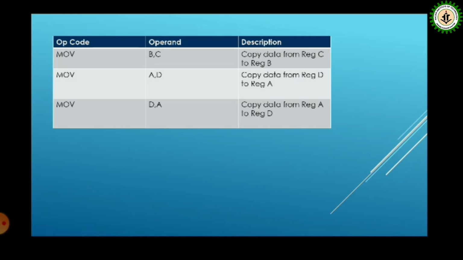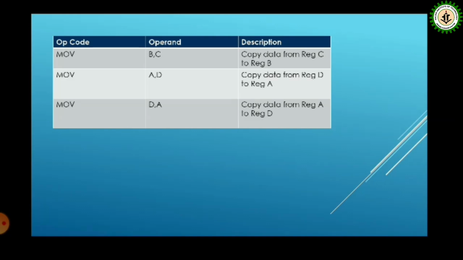For the first instruction, MOV B, C, C is the source register, B is the destination register. If C contains 4AH, then after this instruction, the contents of C remain the same 4AH, but contents of B will be 4AH. MOV A, D, if D contains 00H, then after that instruction, the contents of register D will be the same 00H, and content of register A will also be 00H.